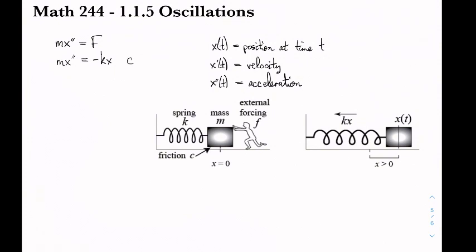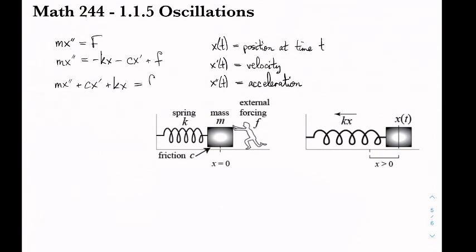Again, it's opposite the direction of motion because it's slowing you down, so that comes with a minus sign. And then there's going to be some external forcing function, and who knows what that's doing. So in general, we have an equation that looks like mx double prime plus cx prime plus kx equals f.